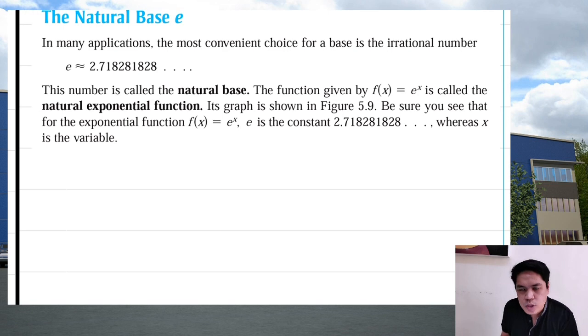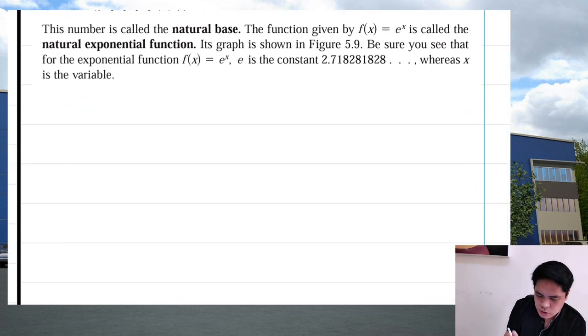Now, before we proceed with some problems to solve, let us first review the properties of exponents. So this time, yung base natin is constant, let's say a. And yung exponent natin is a variable, let's use u and v. So we have a raised to u and a raised to v, where u and v are functions.